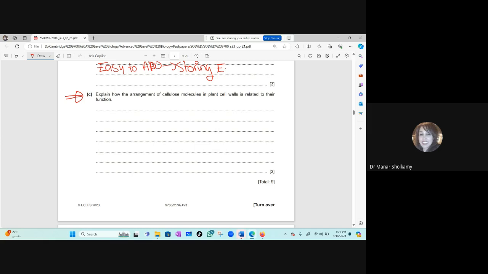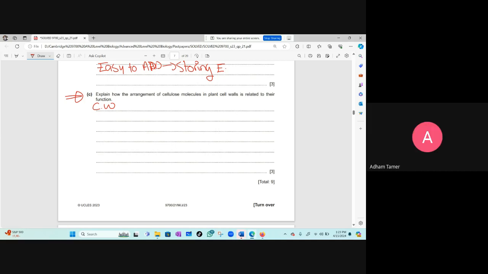Adham, can you please remind me what is the function of the cellulose? Forms the cell wall of the plant cell. Okay, and why is it an ideal molecule to form the cell wall of plant cells?